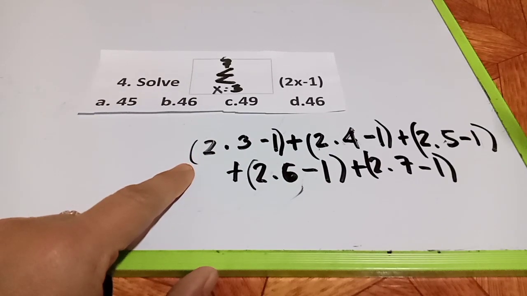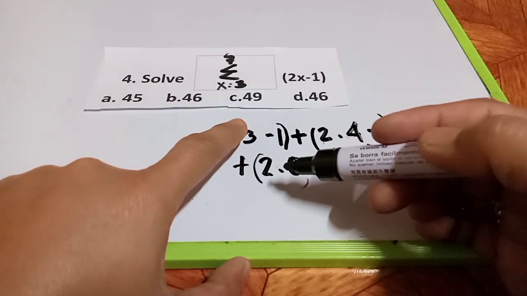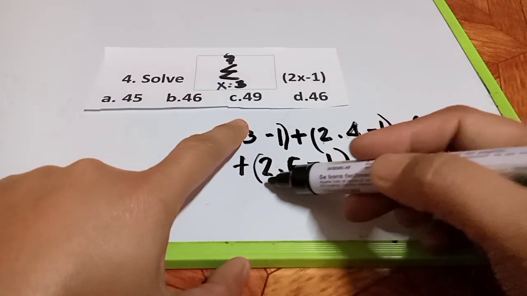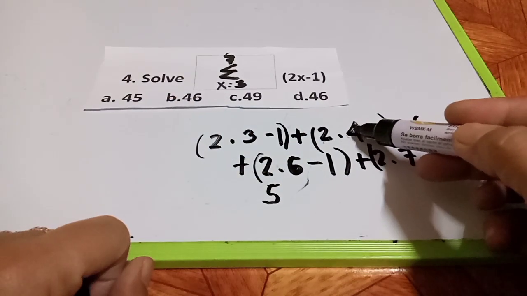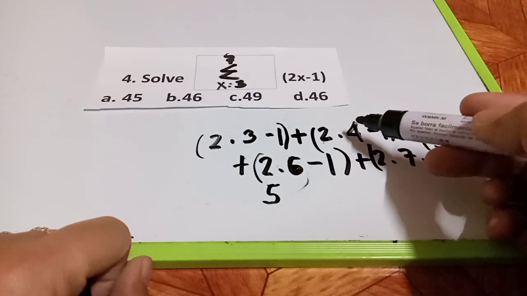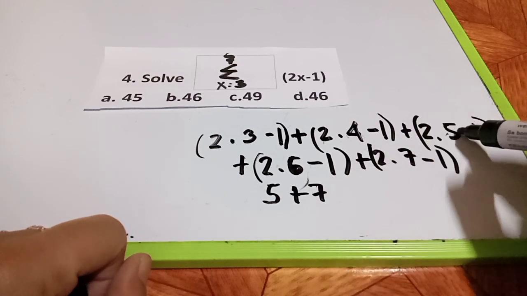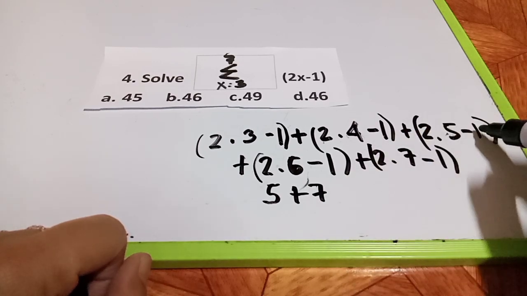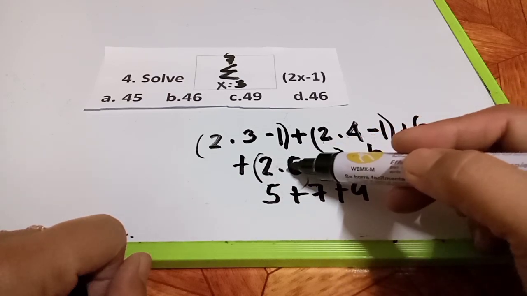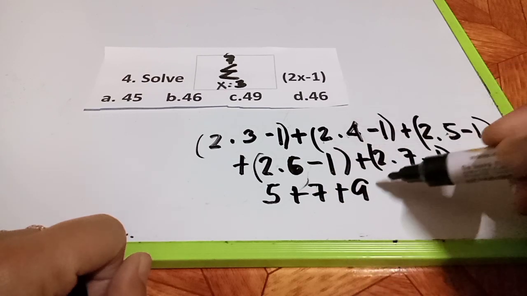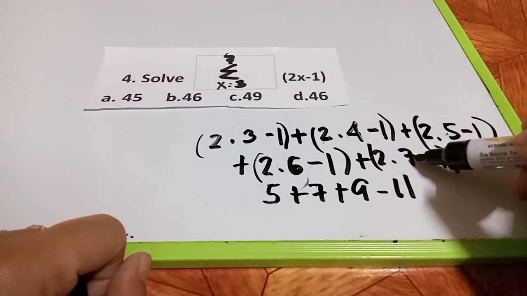So again, if we multiply 2 times 3, this becomes 6. 6 minus 1 becomes 5, right? 2 times 4 becomes 8, and then 8 minus 1 becomes 7. 2 times 5 is 10, minus 1 becomes 9. 2 times 6 becomes 12, and 12 minus 1 becomes 11.